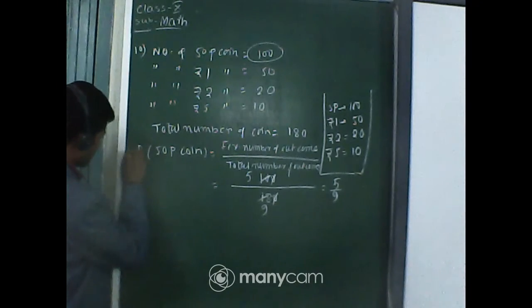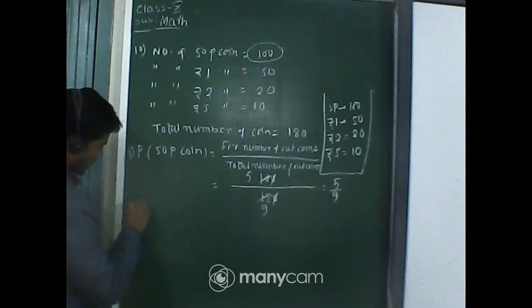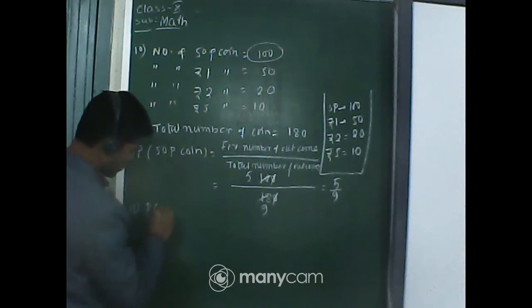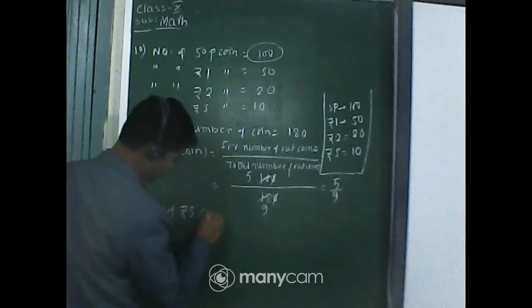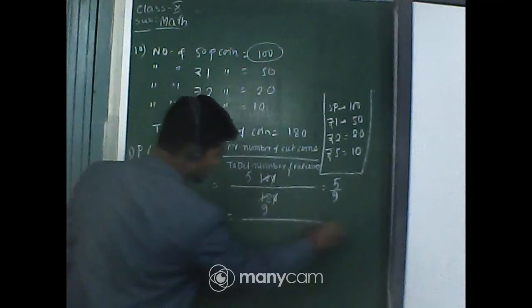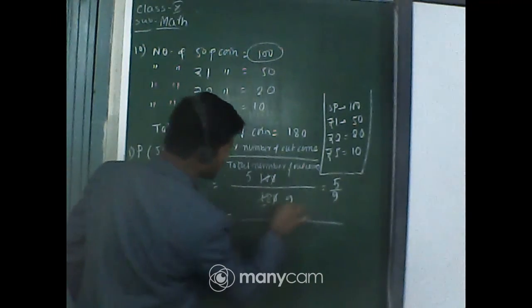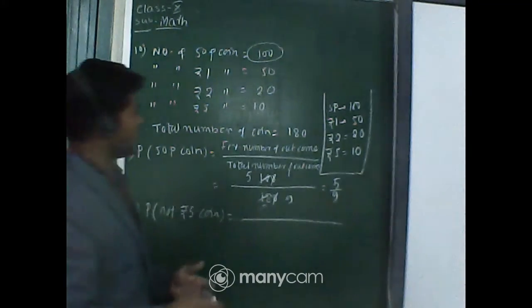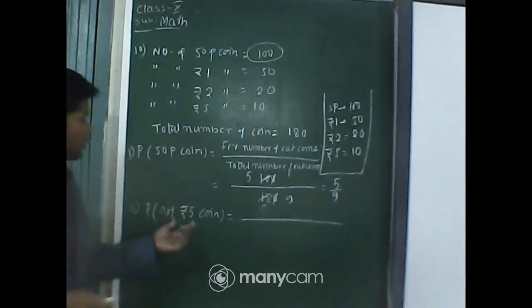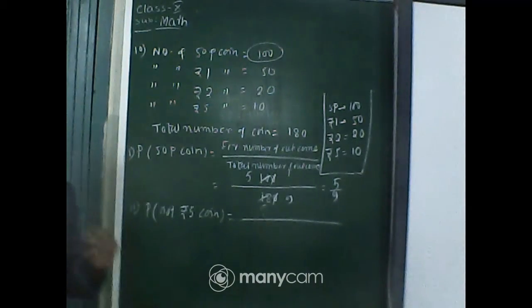Okay, first question is done. The second question is probability of not 5 rupee coin. Same formula will apply, the favorable number of outcome divided by total number of outcome. Now you tell me, what is the favorable number of outcome corresponding to not a 5 rupees coin?